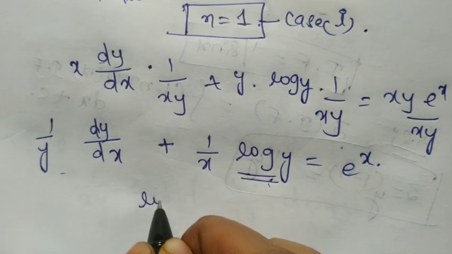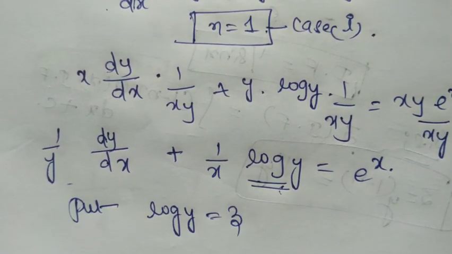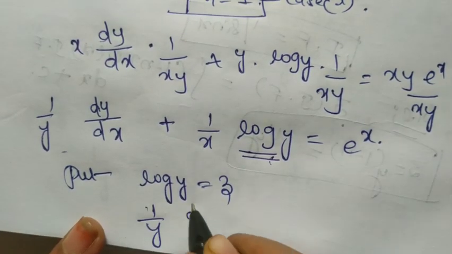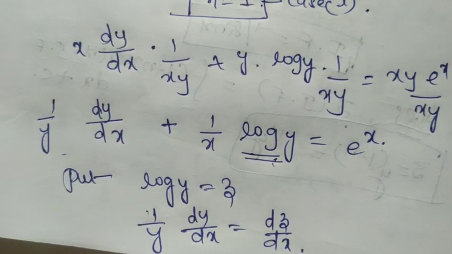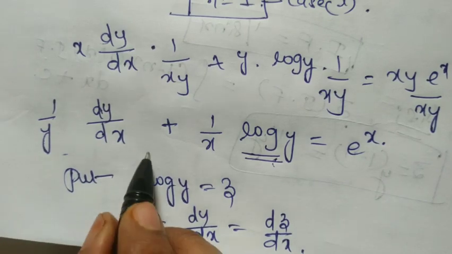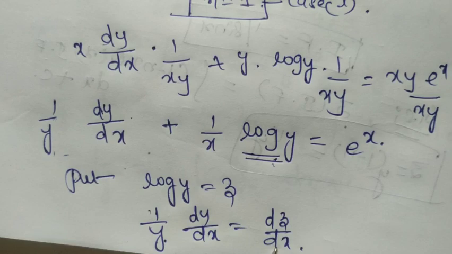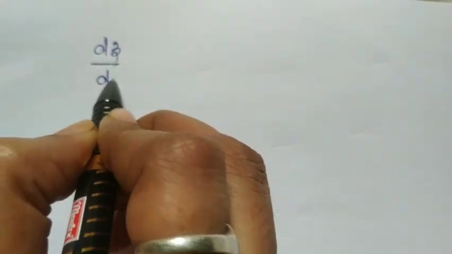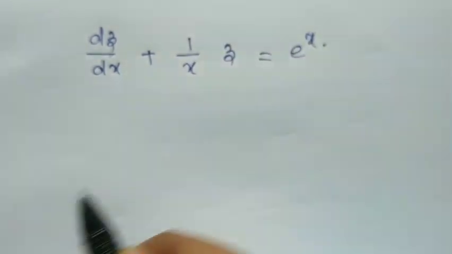So therefore put log y equal to z and differentiate with respect to x. So 1 by y dy by dx equal to dz by dx. So by substituting this value in the above equation, in place of 1 by y dy by dx equal to dz by dx, and log y equal to z, dz by dx plus 1 by x into z equals e power x.